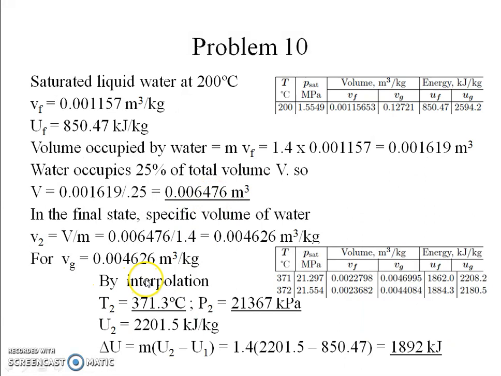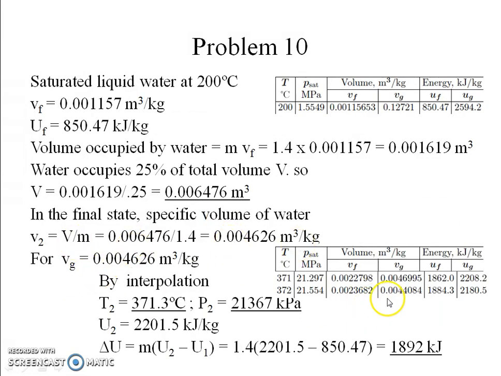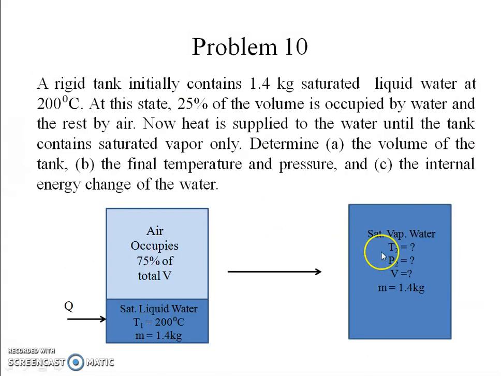Now we have to calculate the final temperature and pressure. Let's see what we can find from the steam table. We have the mass of water, 1.4 kg, which is fixed because this is a closed system problem.